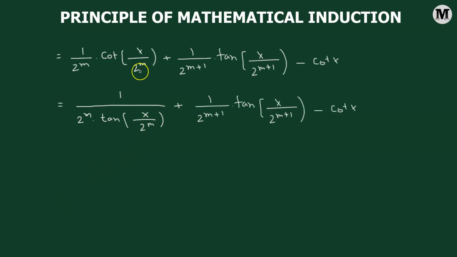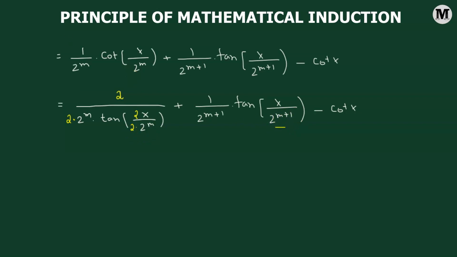Now we'll do some manipulation here. We're going to multiply the numerator with 2, and we'll have to multiply the denominator with 2 as well. Now the angle of tangent function in the denominator is x over 2 raised to the power of m. So we're going to multiply the numerator with 2 and the denominator with 2 as well. This is done such that we have 2 raised to the power of m plus 1 in the denominator, because we need 2 raised to the power of m plus 1.